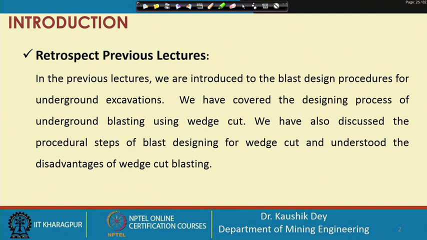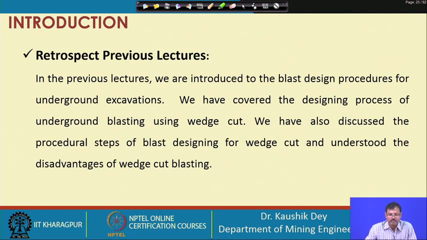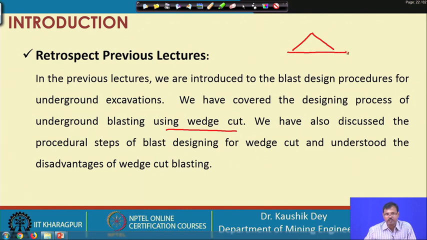We also discussed in the last class that the design of the blast for the cut area is basically divided into two parts: one is the wedge cut part and another is the burn cut part. In wedge cut, two holes are drilled angling to each other at a certain degree, depending on the rock mass condition.